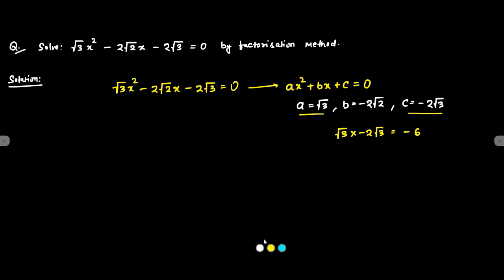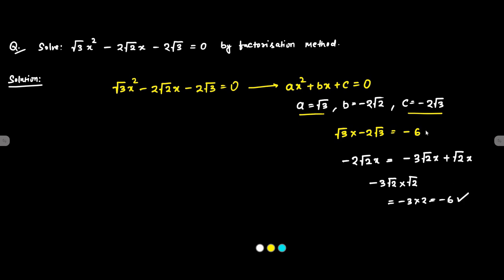So we can do it as −2√2x = −3√2x + √2x. In such a way, we have −3√2 into √2, that is −3 into √2 into √2, and √2 into √2 is 2, so −3 into 2, that is equal to −6.